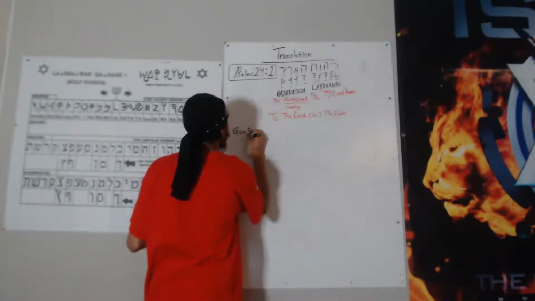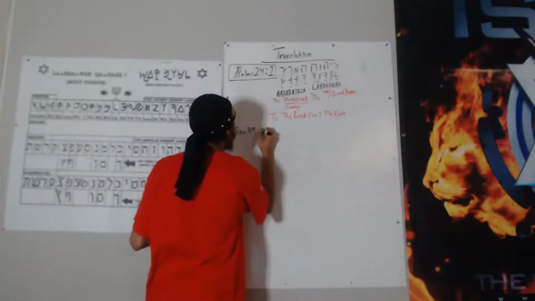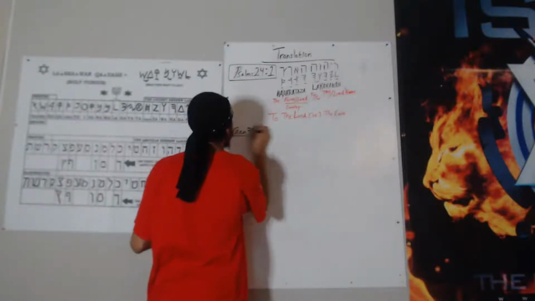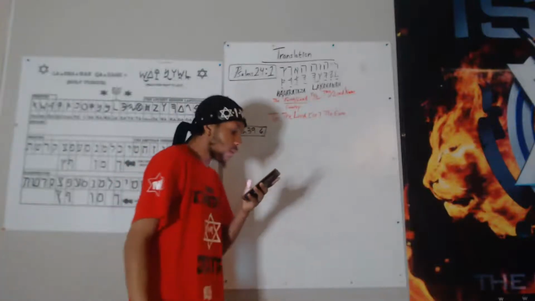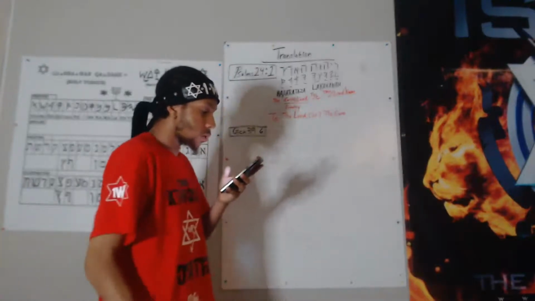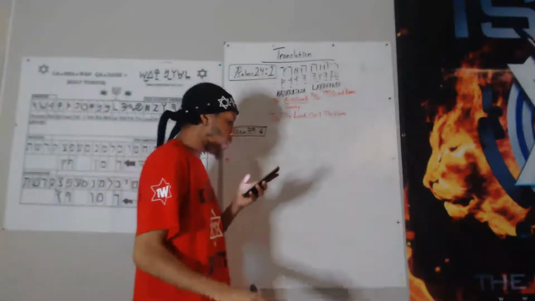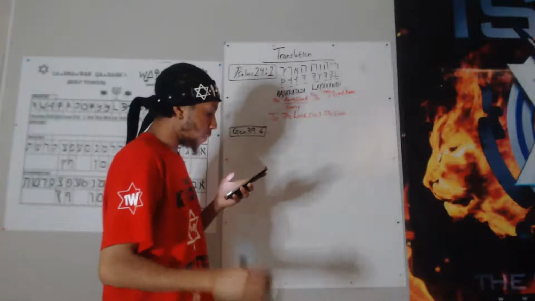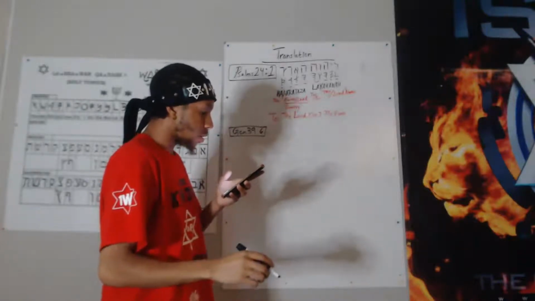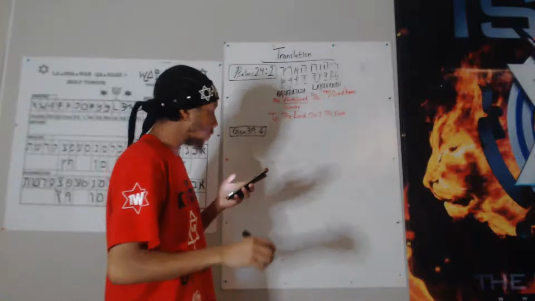All right, Genesis 39 and 6. Genesis 39 and 6 says, and he left all that he had in Joseph's hand, and he knew not all he had, save the bread which he did eat. And Joseph was a goodly person and well favored.